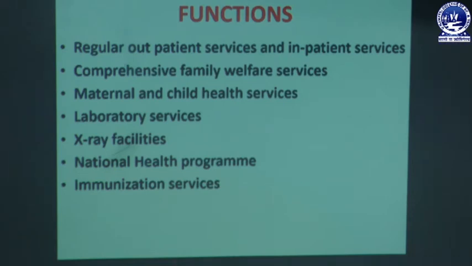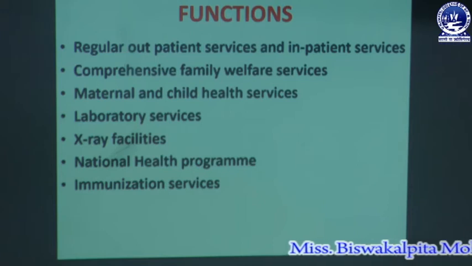Then is vitamin A first dose at 9 months with measles, and DPT first booster at 16 to 24 months, OPV booster at 16 to 24 months, measles second dose at 16 to 24 months, vitamin A second to ninth dose at 16 months with DPT, OPV, and 1 dose every 6 months up to the age of 5 years, and DPT second booster at 5 to 6 years, and TT at 10 years and 16 years also. These are the immunization services for the children.